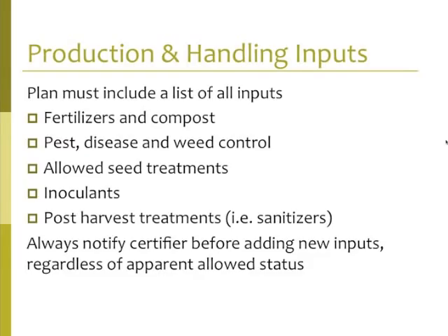If you need to add or change inputs on your plan after you've submitted it to your certifier, it's important to get approval before using new inputs. Even if the new inputs appear to be allowed to you, this helps to make sure you don't accidentally use inputs that are prohibited in organics.